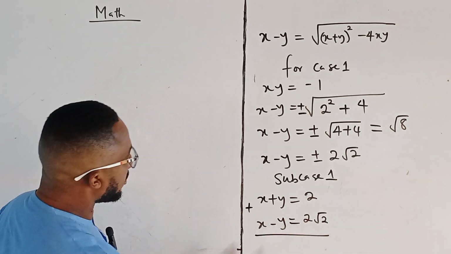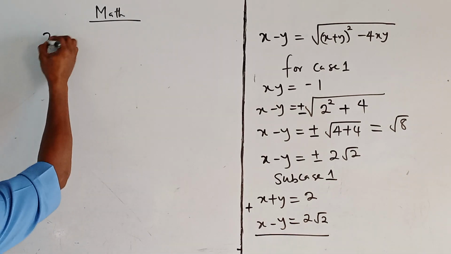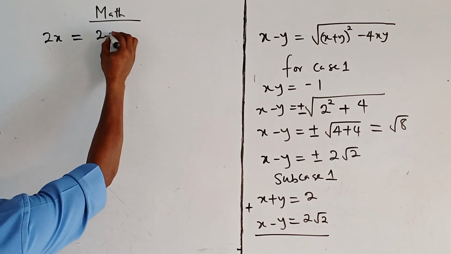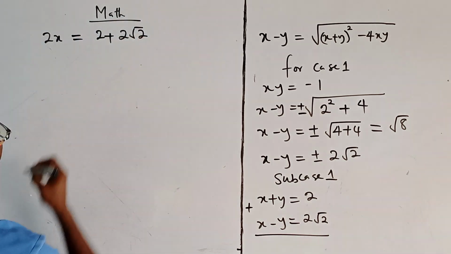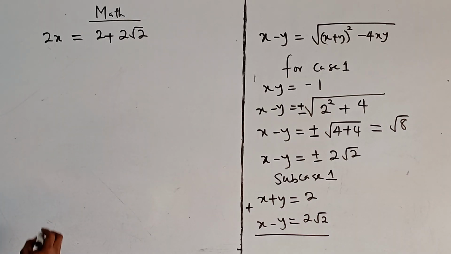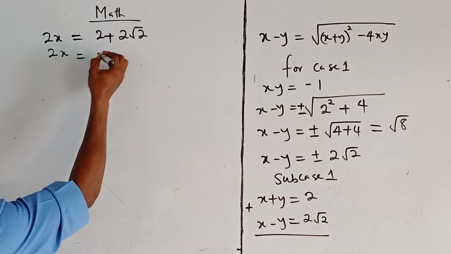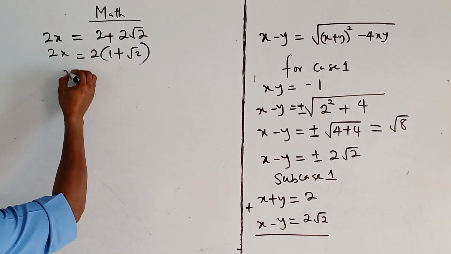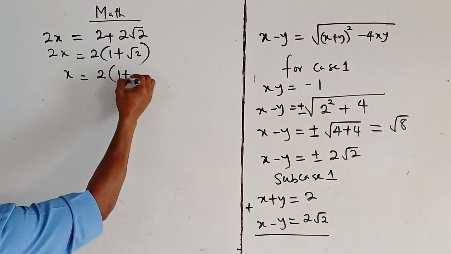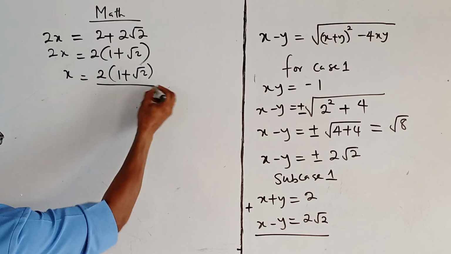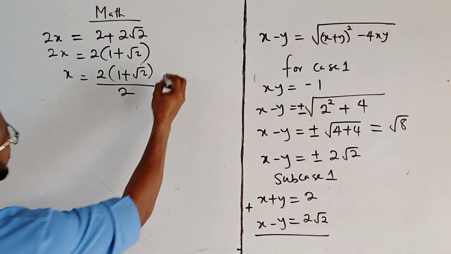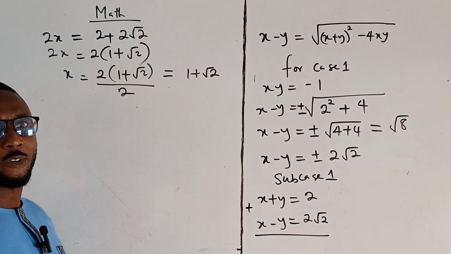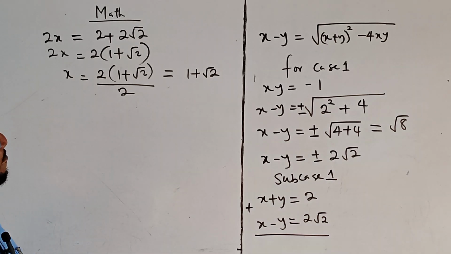So if I add these two equations, I'll be having 2x, while we eliminate y, I'll then be having 2 plus 2 rad 2. Then 2x, I'll factor out 2, so it's easier like that. So x will be 2 into 1 plus rad 2 divided by 2. So this is going to be 1 plus rad 2. So this is our first solution.